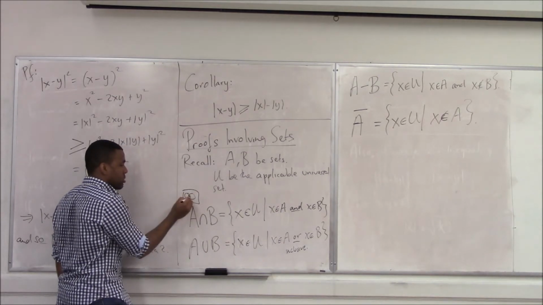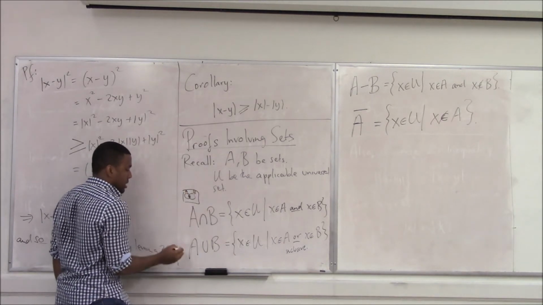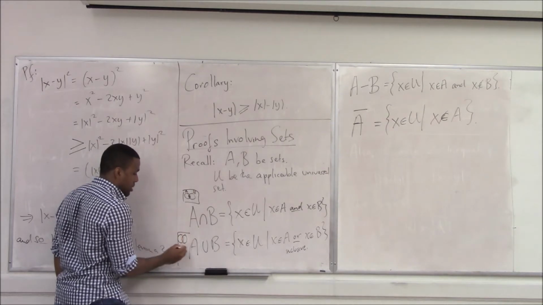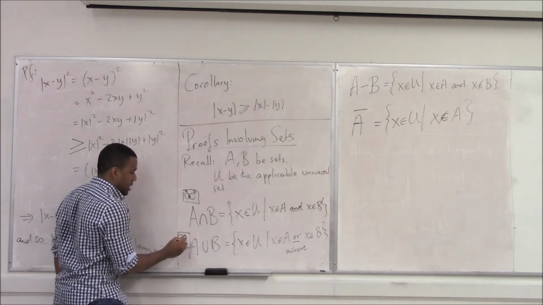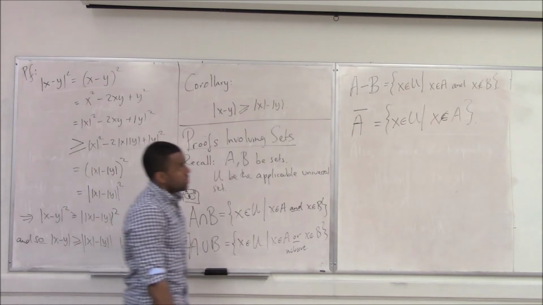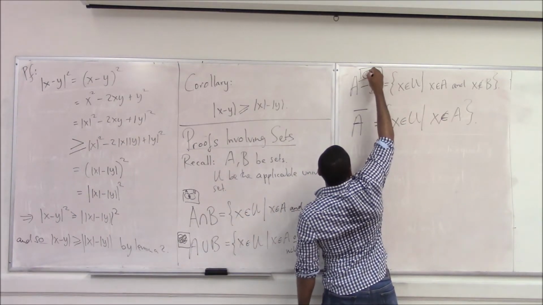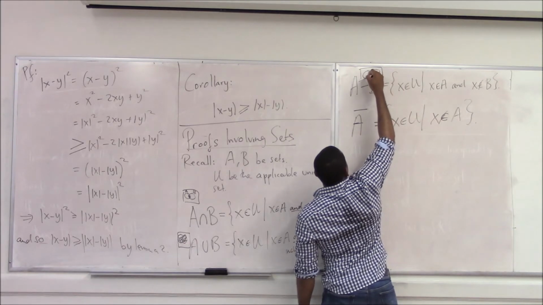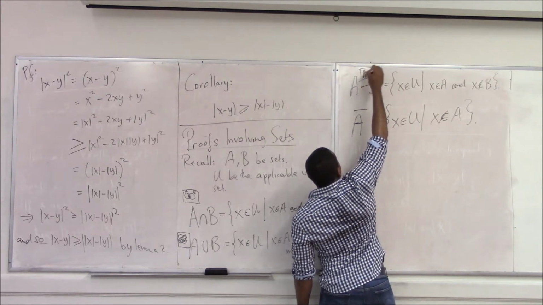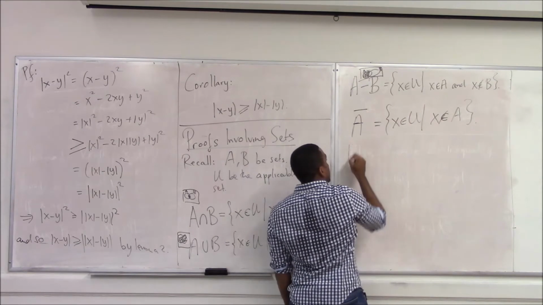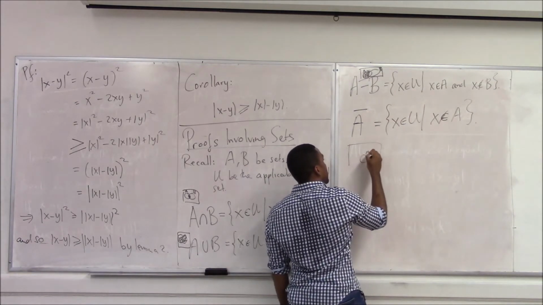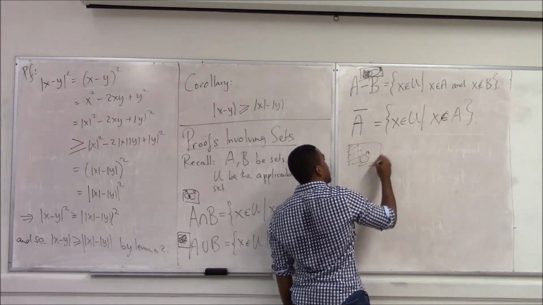So the intersection is what's in both, if that's A and B. The union would be what's in either of them, so you can shade both things. A minus B, it's in A but not in B, so that would be this side here, that's your A and that's your B. And A complement would be if A's here hanging out, literally everybody else.